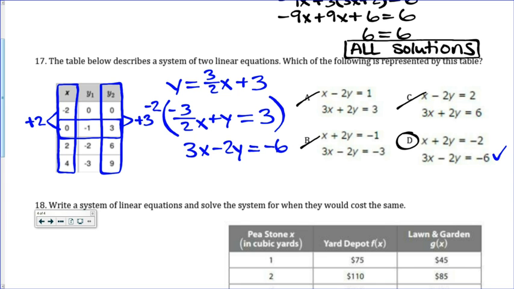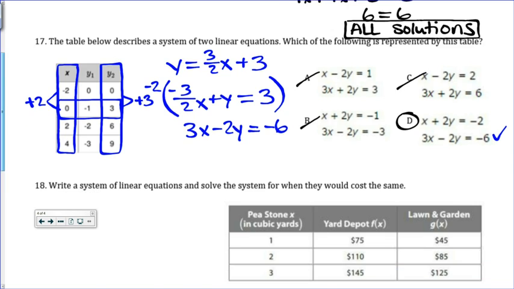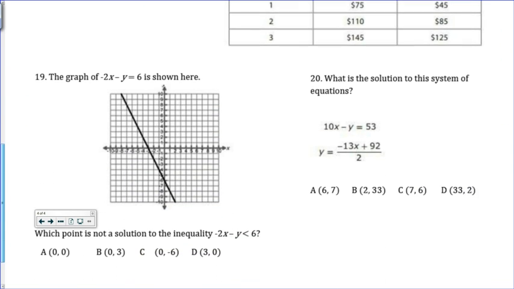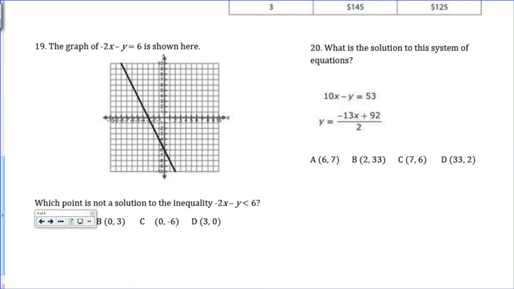All right, and let's do one more, number 19. The graph of -2x minus y equals 6 is shown. Which point is not a solution to the inequality -2x minus y is less than 6? So looking at this inequality, I want to rearrange it so that I can solve it.